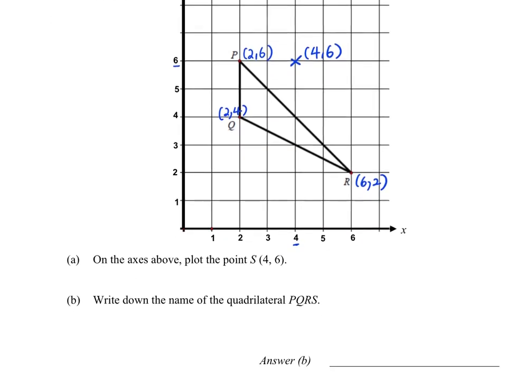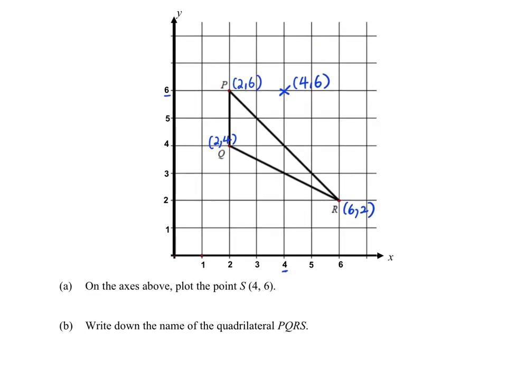Okay, next part of the question. Write down the name of this quadrilateral PQRS. Now you notice something, just to highlight, when you have no comma in between, this means there is a particular sequence. P goes to Q, goes to R, and then goes to S. So there's a particular sequence where you need to draw the whole thing.